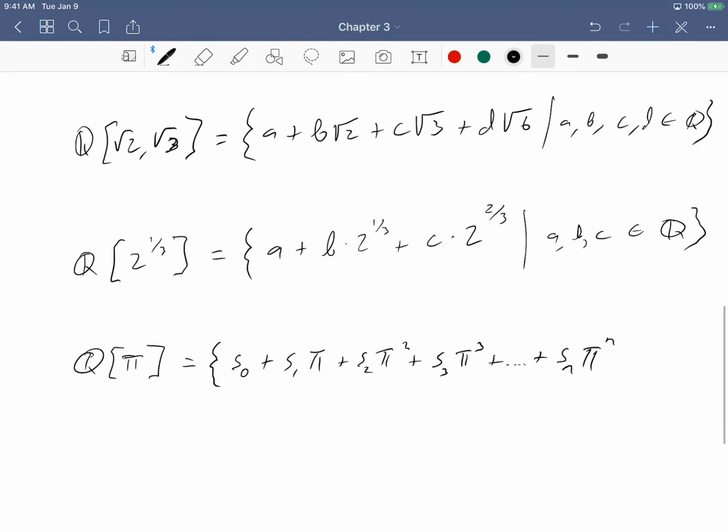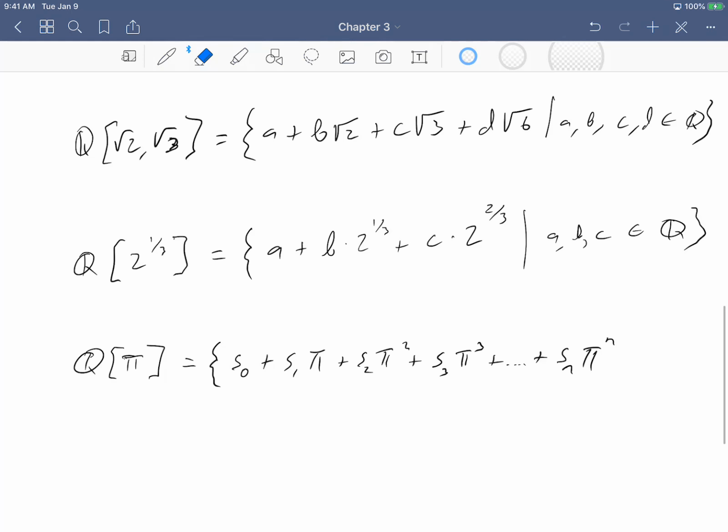So what I mean by that is if we thought about up here with the Q adjoin root 2, root 3, if we thought about root 3s and root 6s and multiplying them together, we'd get a root 18, right? Which is root 9 times 2, which is 3 times the square root of 2. And so up here, there was this repetition. We could reduce back to this form no matter what we started with when we multiplied.